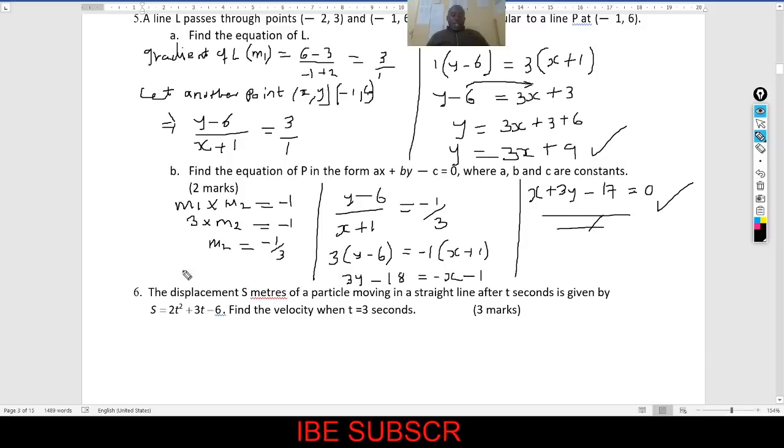So what we do here, v is the same as the differentiation of s, ds over dt.